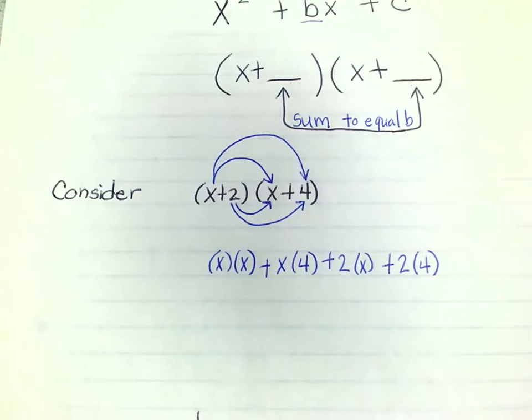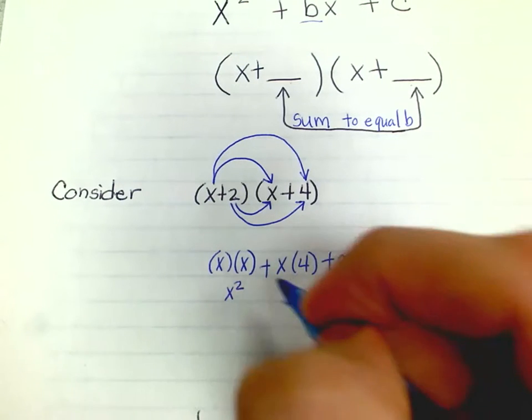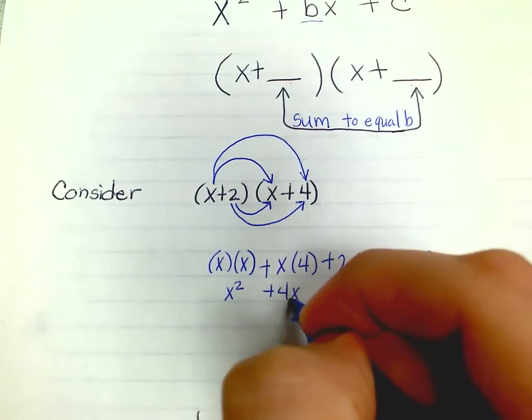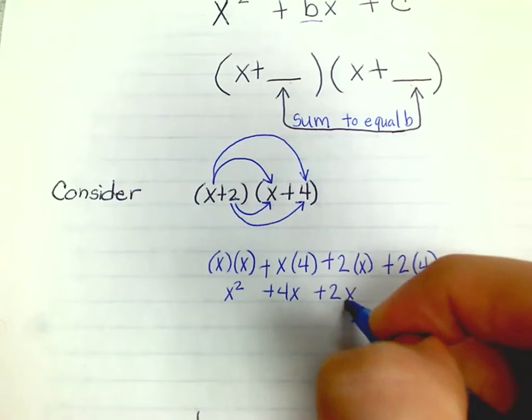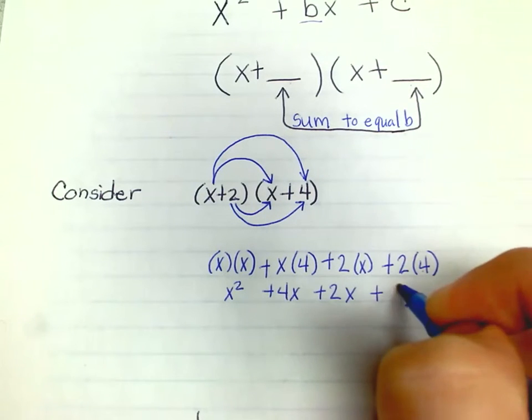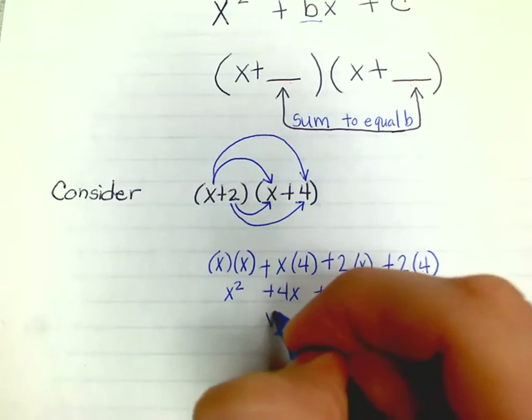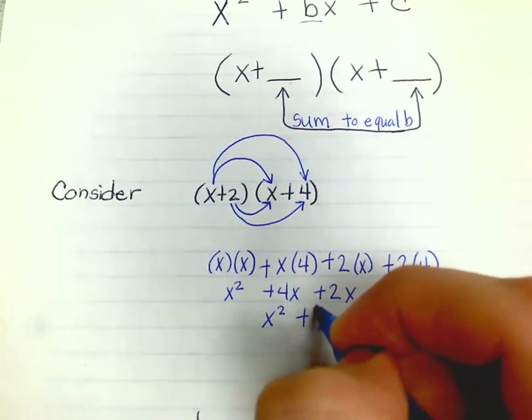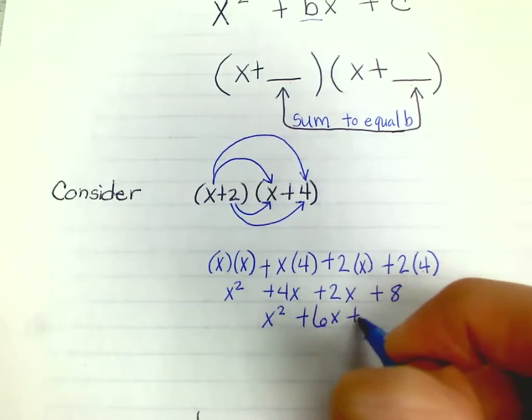If we simplify, we get x squared plus 4x plus 2x plus 2 times 4 is 8. Simplifying a little further, we get x squared plus 6x plus 8.